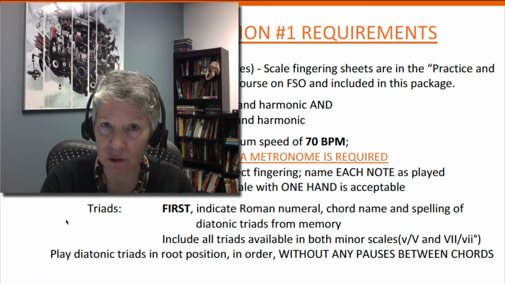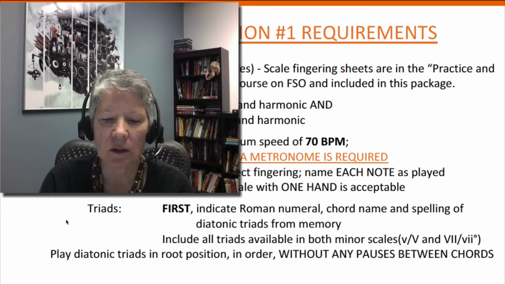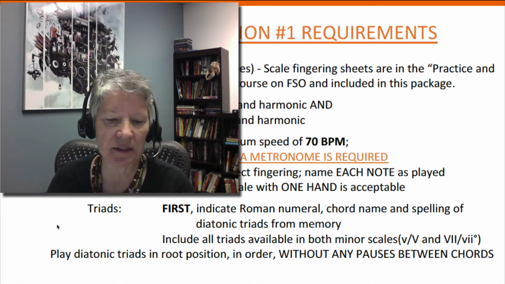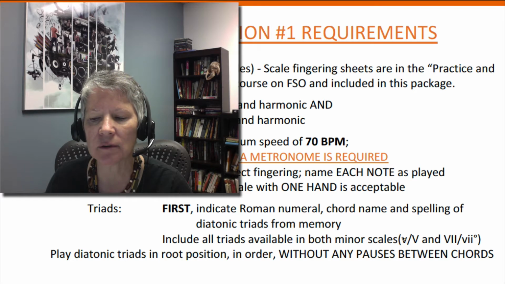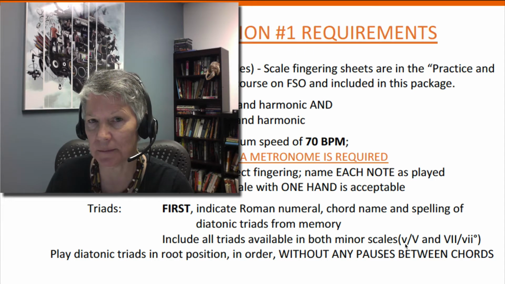When you get to the minor triads, we have to include, if you look here on this slide, it says include all triads available in both minor scales, meaning the natural minor and the harmonic minor. In the natural minor, when you build a 5 chord, your 5 chord is minor in quality.